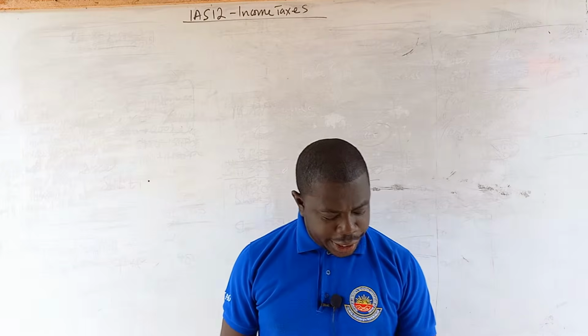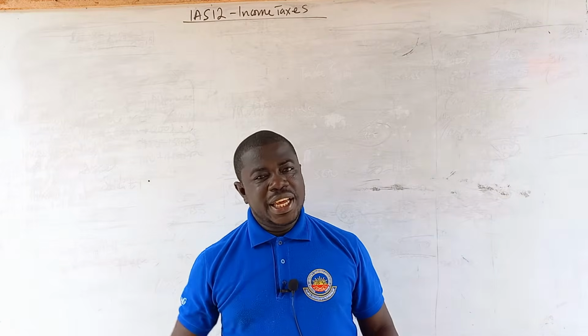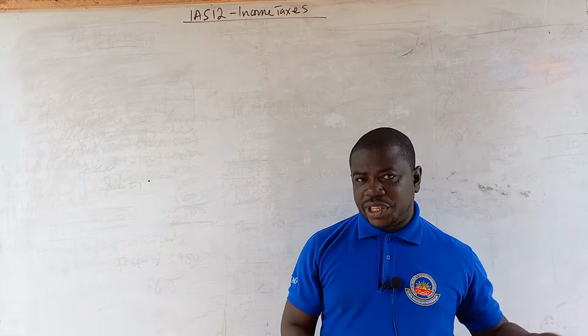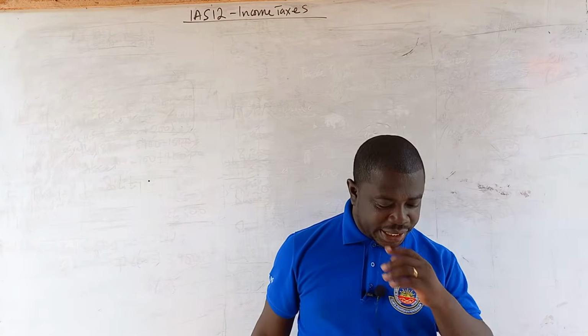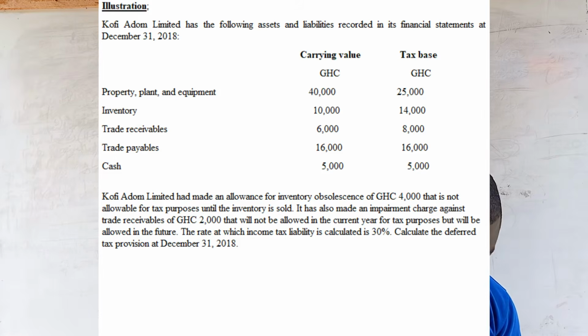Now take note, the additional information is not different from what you have on the balances. It's only an explanation of the balances. For example, if you look at the inventory, the carrying amount is 10,000, the tax base is 14,000. Additional information says Kofi Adom Limited has made an allowance for inventory obsolescence of 4,000.